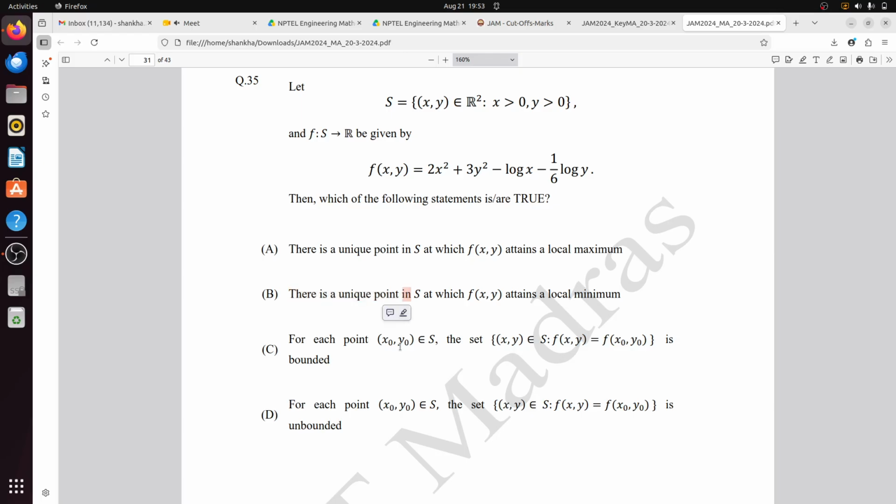Local minimum will be unique, and how it is bounded, I do not know. I will put it as an open problem at IIT Ropar.